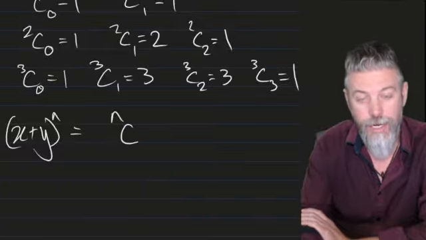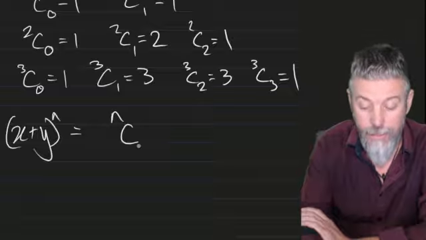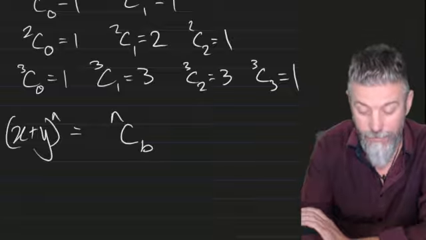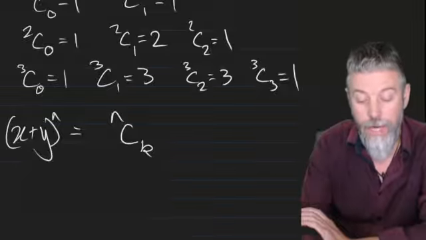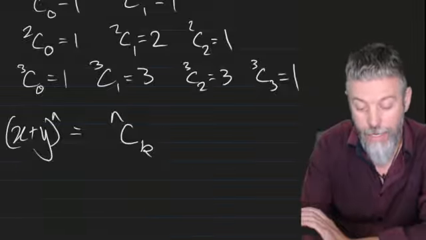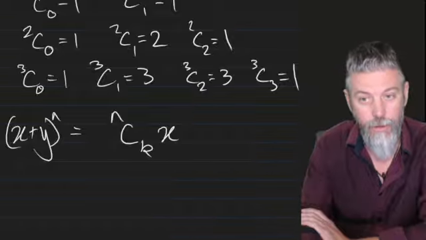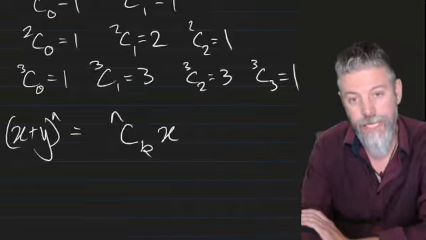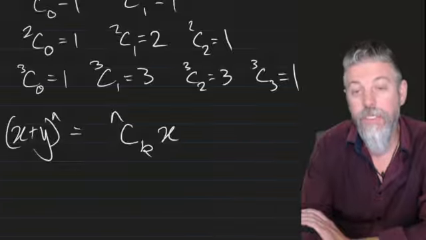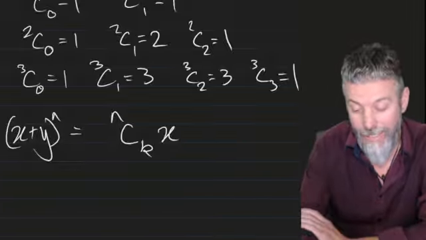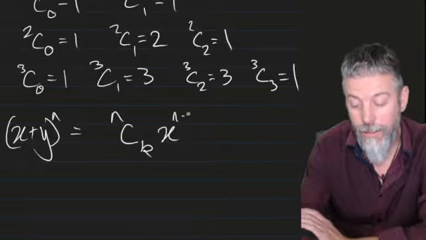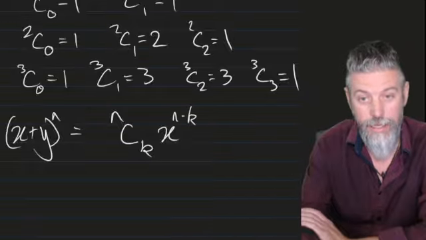So n being the power, and then let's say we're at term k, then the power of x, remember x started at the power of n, and it dropped down every time we went along. So if we went along to the term k, we would be at n minus k power for x.